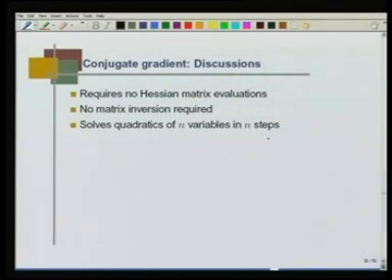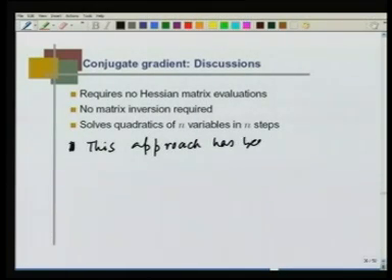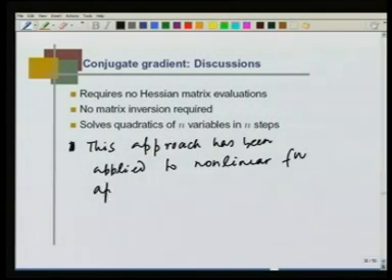This approach has been applied to nonlinear function approximation as well.